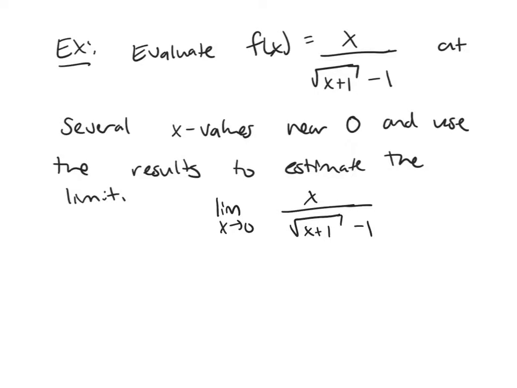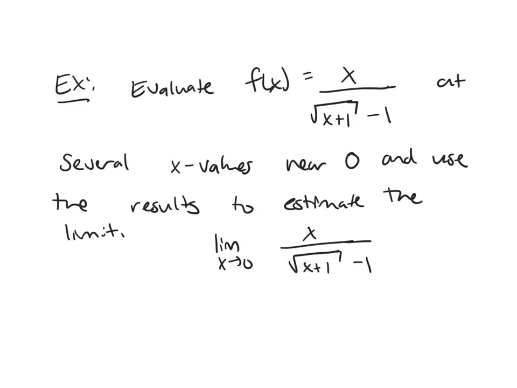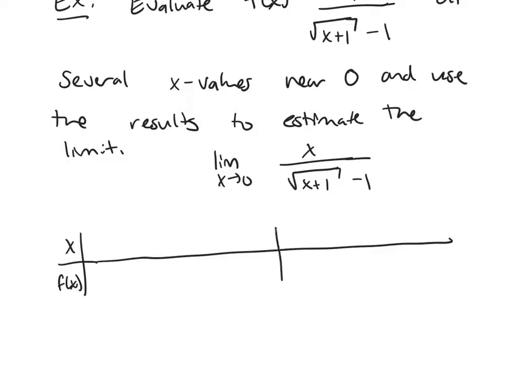So what it's asking us to do is create a table like we did in the last example. But now when I'm making my table, I want to get closer to the number 0. If I plug in 0 into my function, it's undefined, so I'm just going to leave a question mark there.